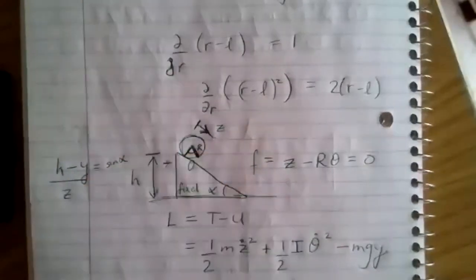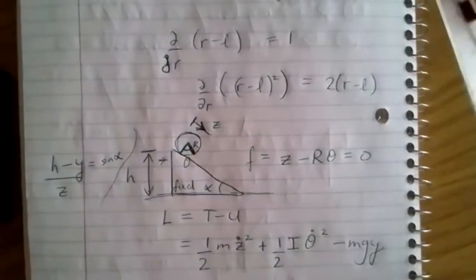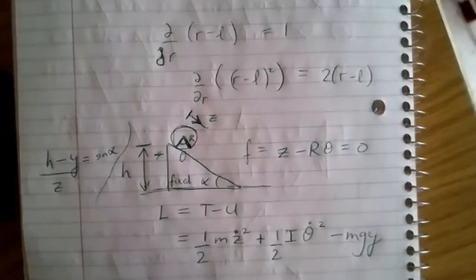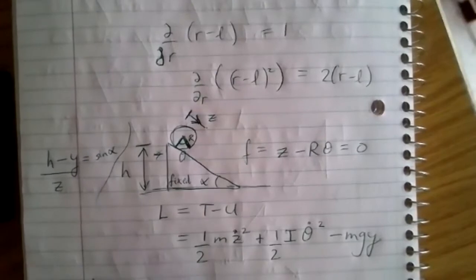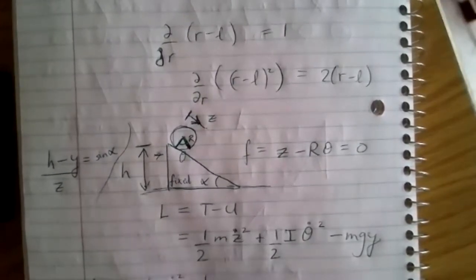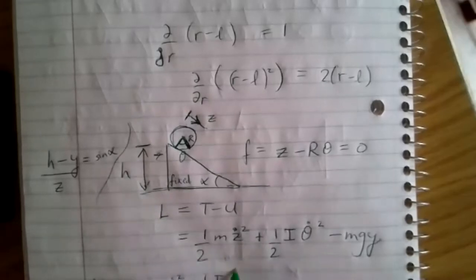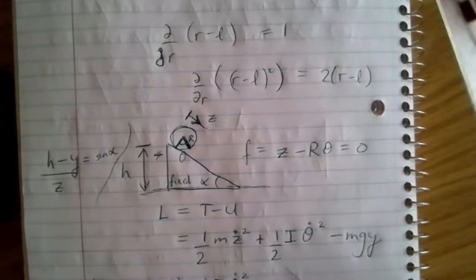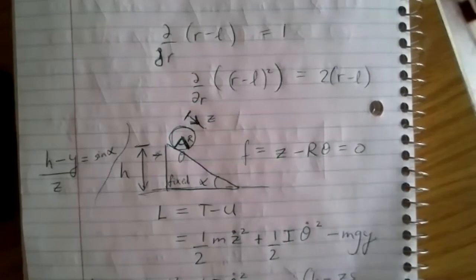So that is equal to sine alpha. And so I can solve for y. Let me plug in for y. So I have L equal to 1/2 m z dot squared plus 1/2 I theta dot squared minus mg, and for y, I have (h minus z sine alpha).